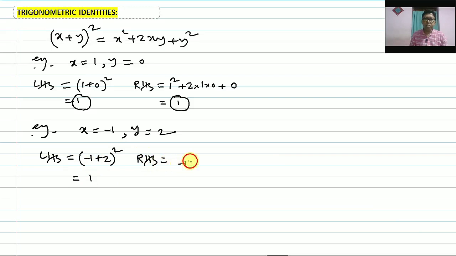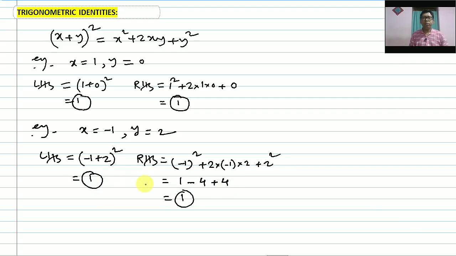So this is minus 1 whole square plus 2 into minus 1 into 2 plus 2 square, and getting it as 1 minus 4 plus 4. 4s cancel, only 1. So it is an identity actually. Whatever values of x and y you take from the real line, they will obviously satisfy the identity (x + y) whole square is equal to x square plus 2xy plus y square.